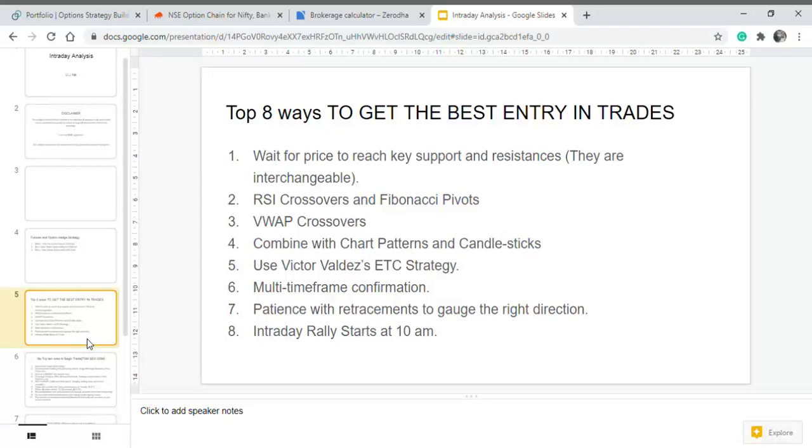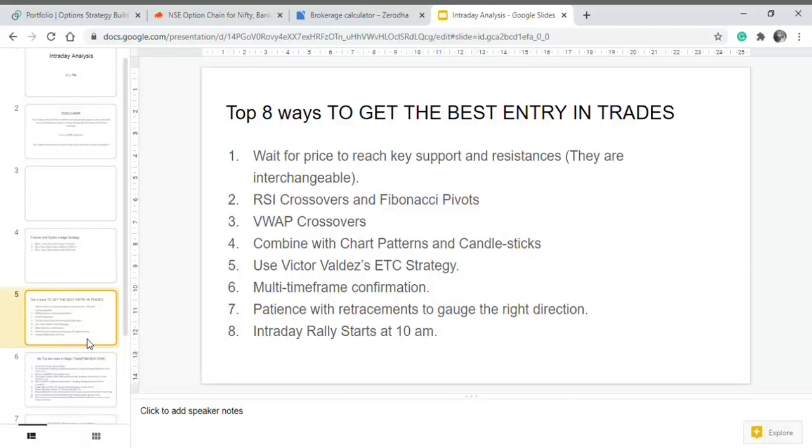And also you can use the elephant's tails and the color change strategy, which is mentioned quite repeatedly by Victor Valdez in his videos and in his books.